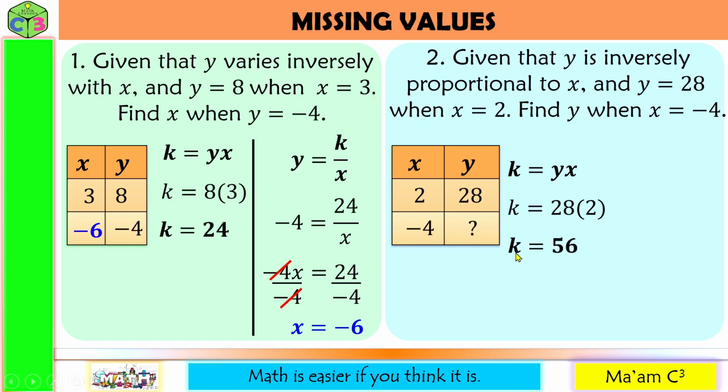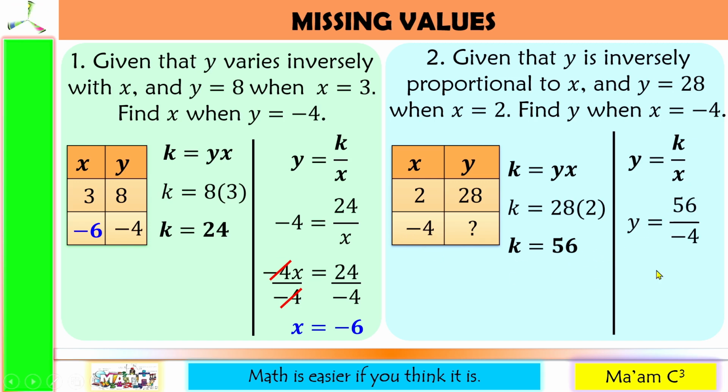Now that we already know the value of k, let us substitute it to our formula. Our y is unknown. Our k is 56. Our x is -4. So 56 divided by -4 is -14. This is the value of our y when x is -4.